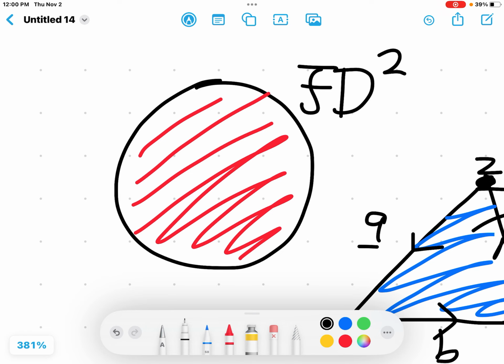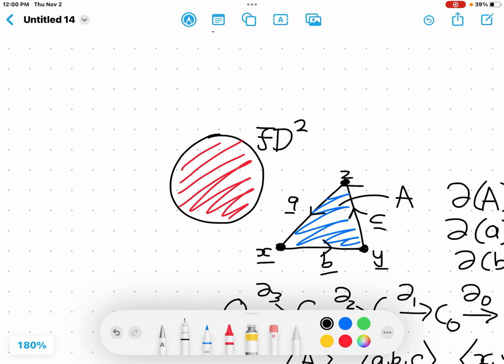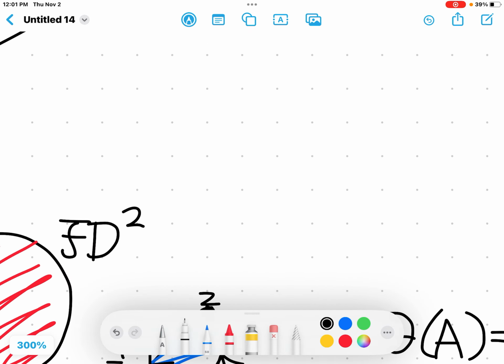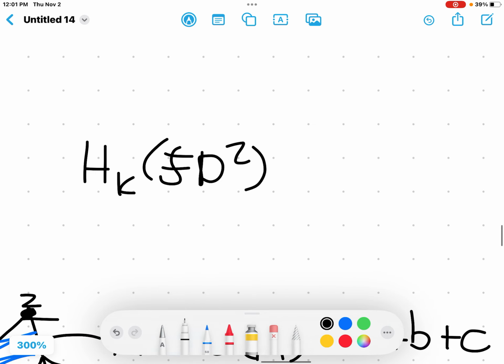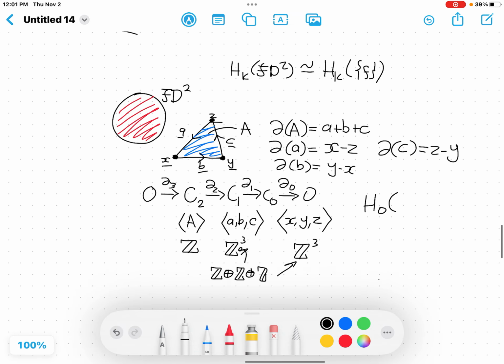If two spaces are homotopy equivalent via a homeomorphism or a deformation retract, then there is an isomorphism between their homology groups. So you can derive that HK of the closed 2-disk is isomorphic to HK of a single point. But we're going to go through the full computation right now.